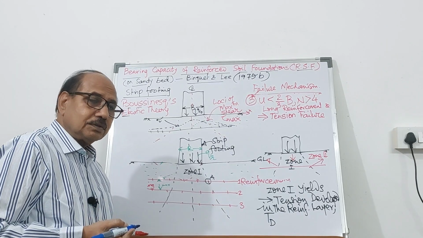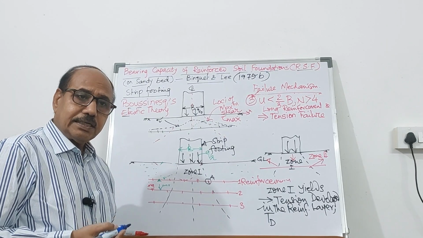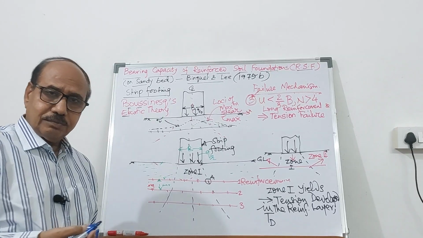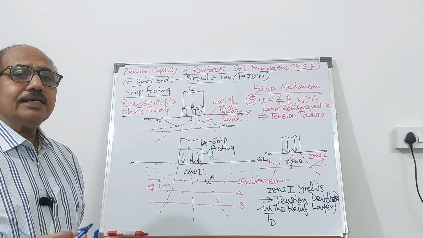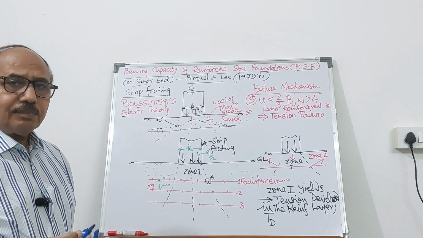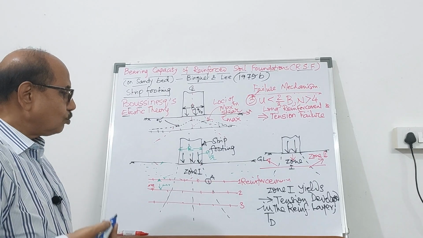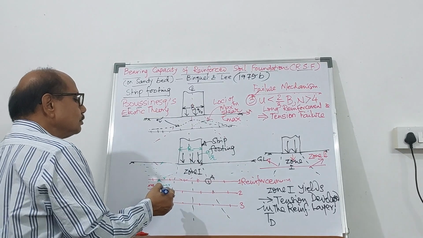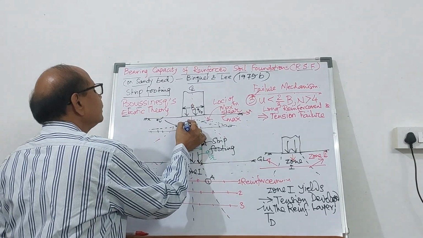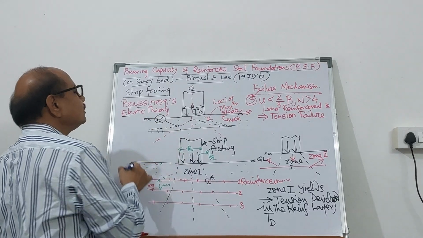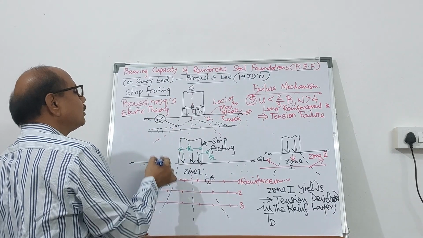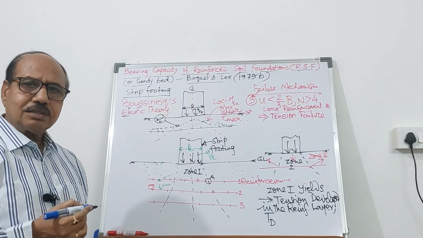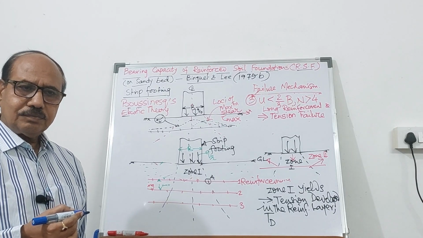Binkett has done considerable work in his analysis. He has given us the equation to calculate the tension developed, how to quantify it. Now you know the vertical pressure, sigma V, by applying Boussinesq's elastic theory.